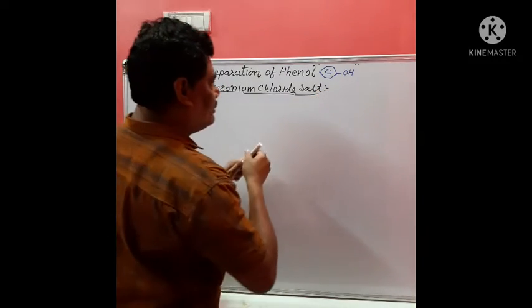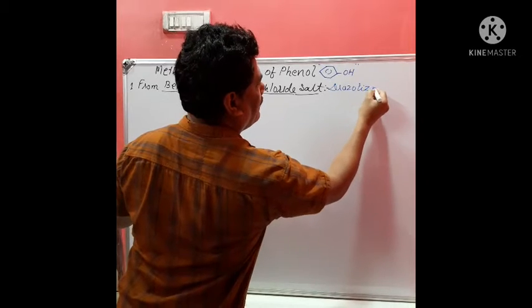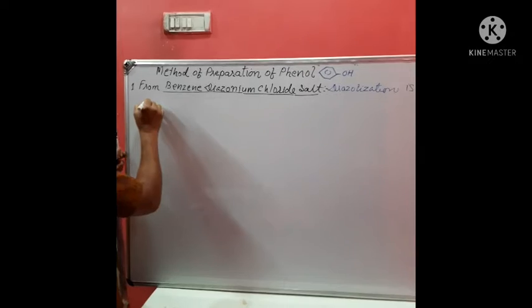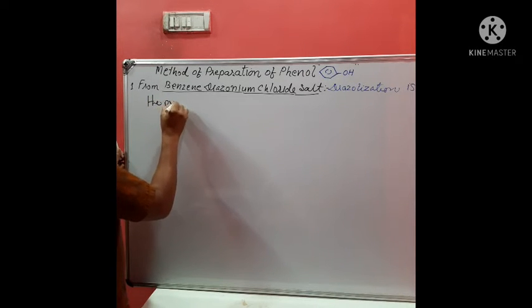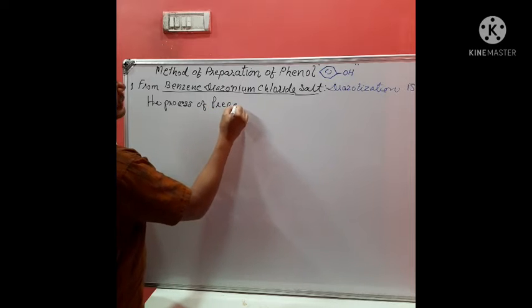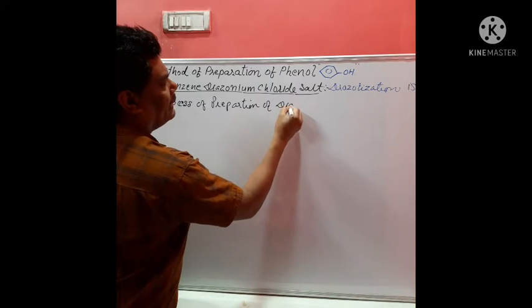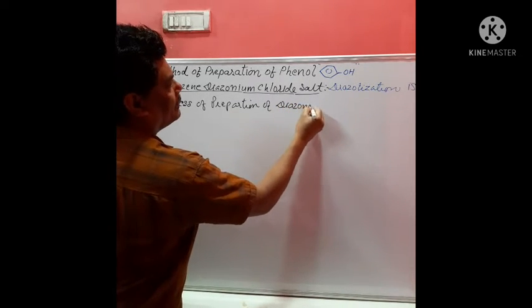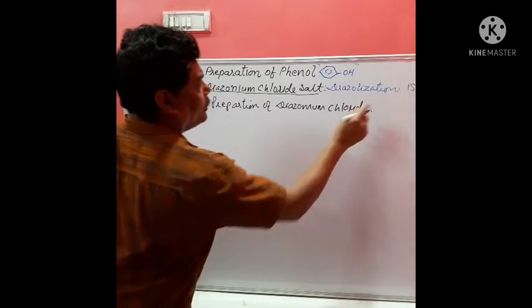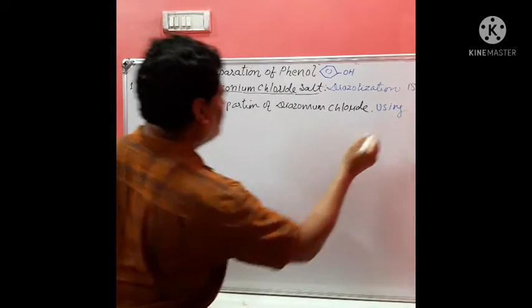Diazotization is the process of preparation of diazonium chloride. And how do we prepare it? Using what?